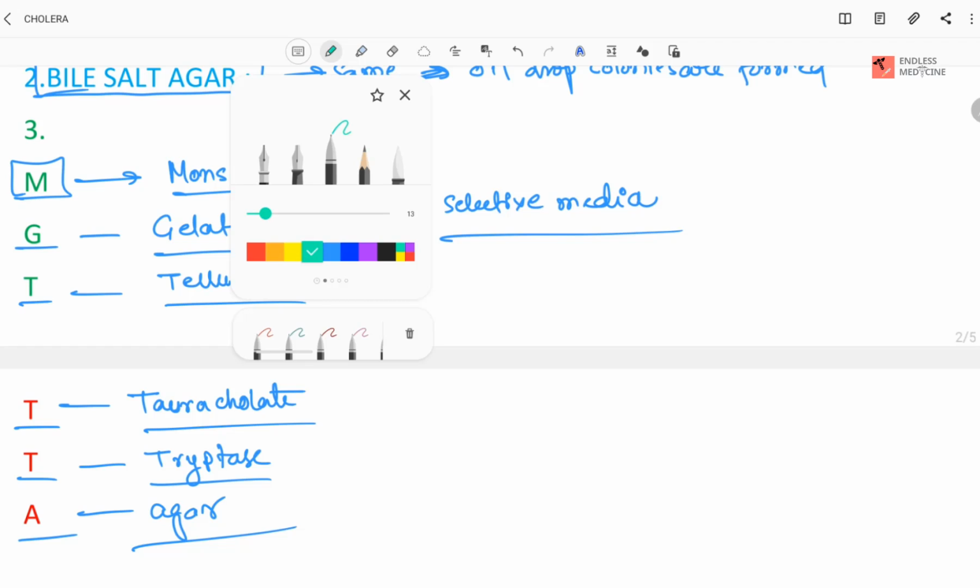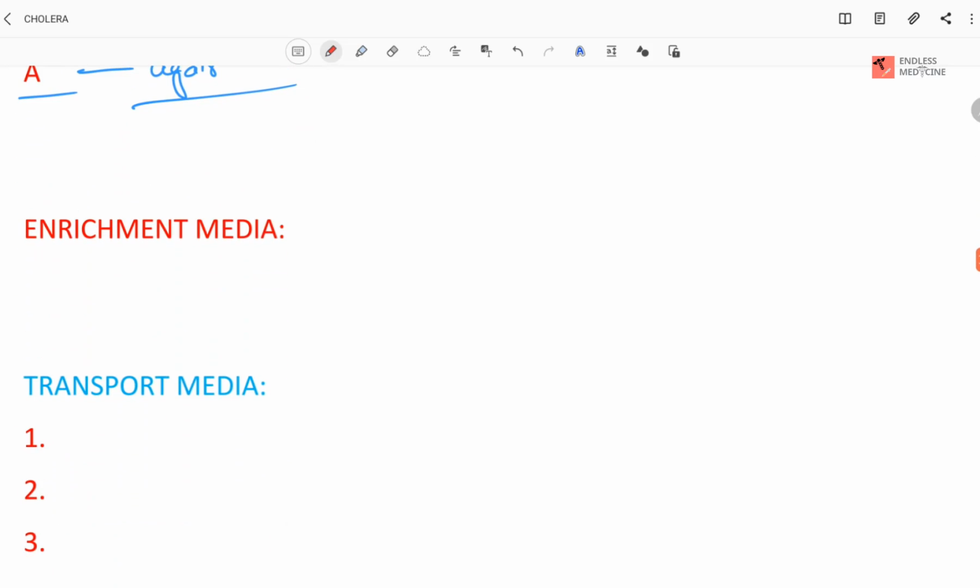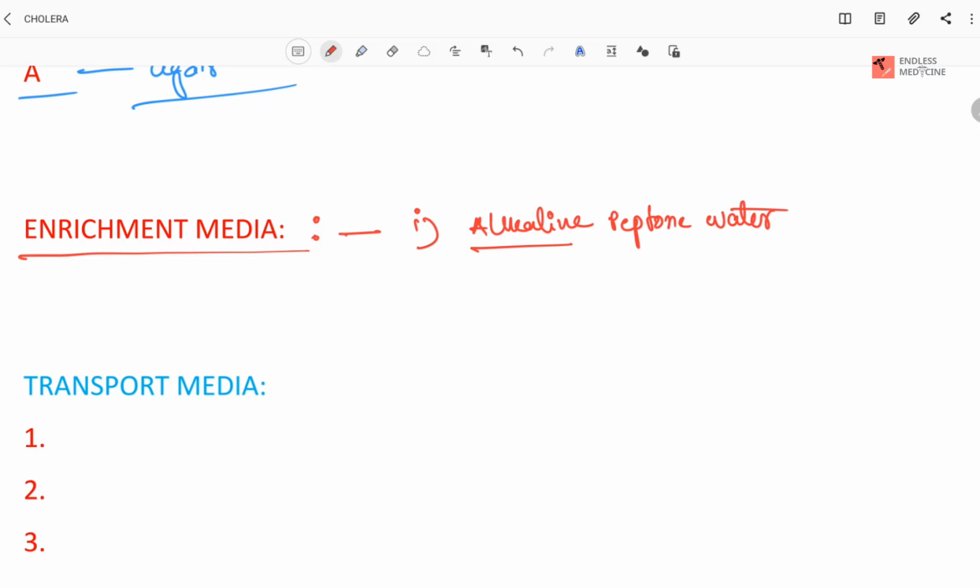Now next, come to the enrichment media. The enrichment media is alkaline peptone water. Only one media, alkaline peptone water. We all know enrichment media is broth, means liquid culture media.